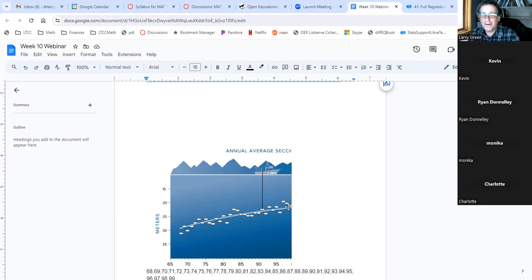All right, you ready for a trick question? Do you think the correlation is positive or negative for this scatter plot? What do you think? Yeah, it's a trick question.